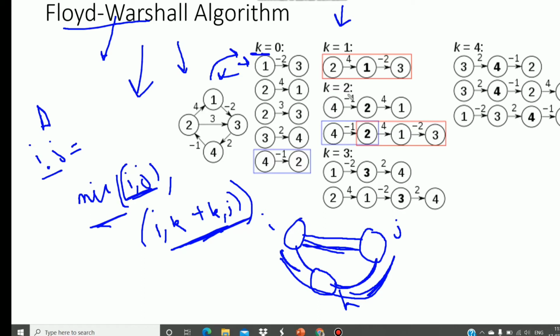Similarly at k equals 2, vertex 2 is the intermediate vertex, and we need to find those paths having vertex 2 as an intermediate vertex, like 4 2 1 and 3 4 2 1. If we are going to solve this problem, there is an easy approach.